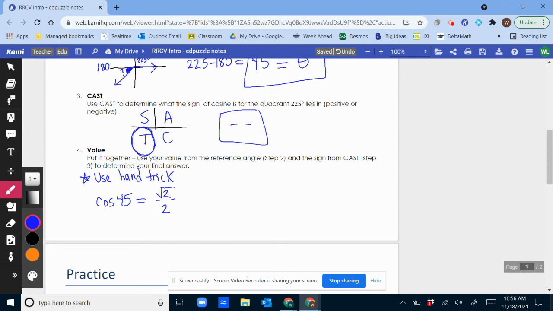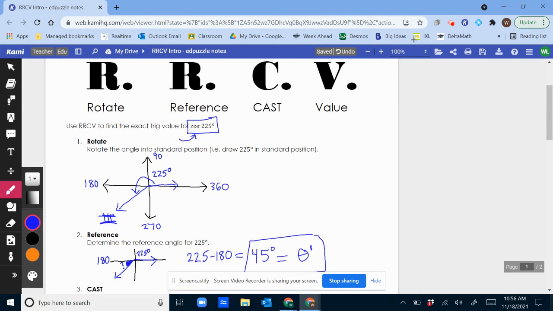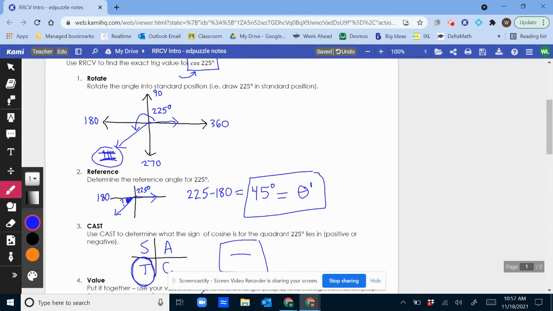Finally, putting it all together, the value is radical 2 over 2, but in step 3, using cast, we figured out that the value has to be negative, so your final answer is negative radical 2 over 2. Recapping what we did here. The first R, rotate, means draw the angle. The point of this, more than anything, is to figure out what quadrant it's in. Second R, reference angle. We got 45.